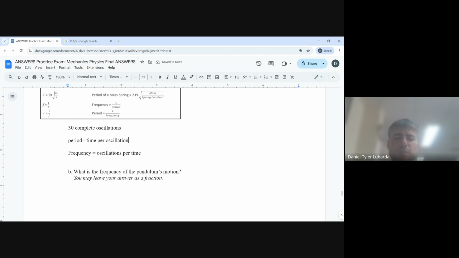So here our units would be seconds, but for frequency, our units are going to be 1/seconds. And if you remember from earlier in the year, 1/seconds is just equal to hertz.